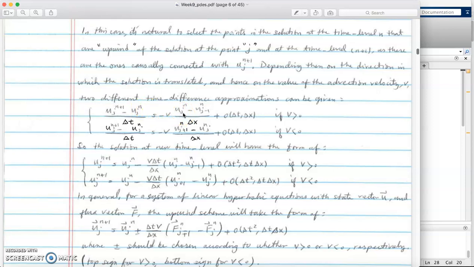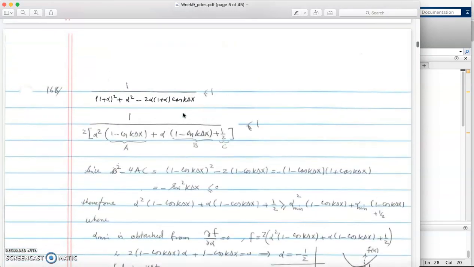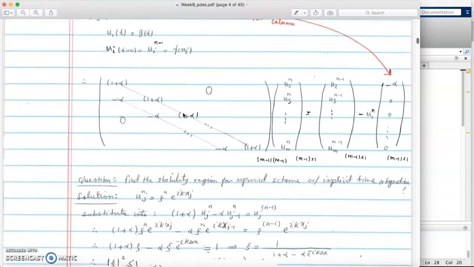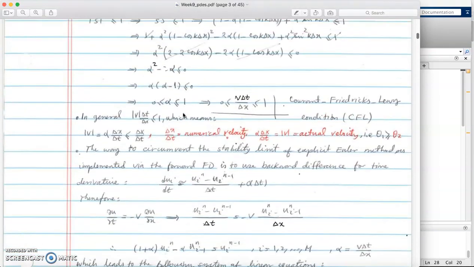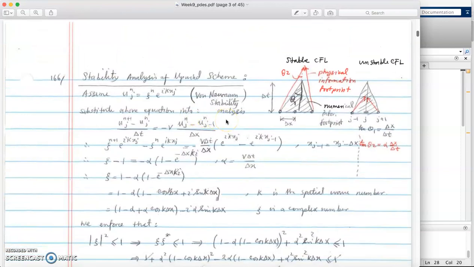We only have an option to switch to either backward in space or forward in space. You can see that from the graph that we had last time. If the velocity is positive, that means the information or the wave is coming from left to right. You can think of a flow in a channel.